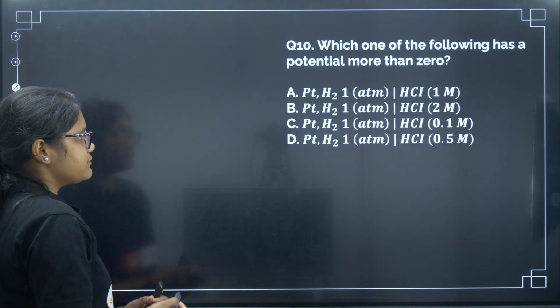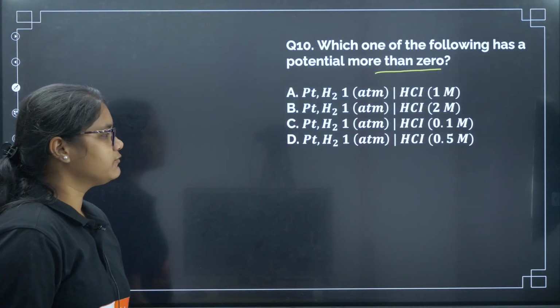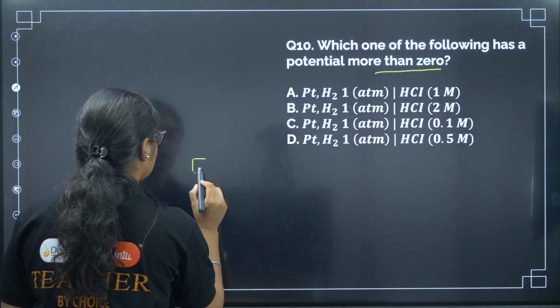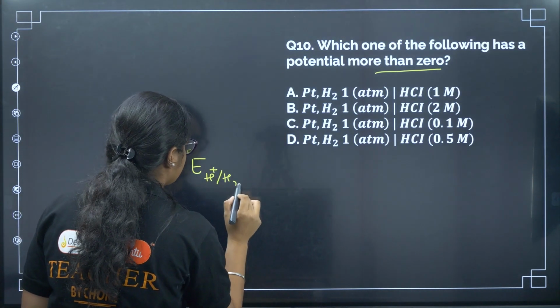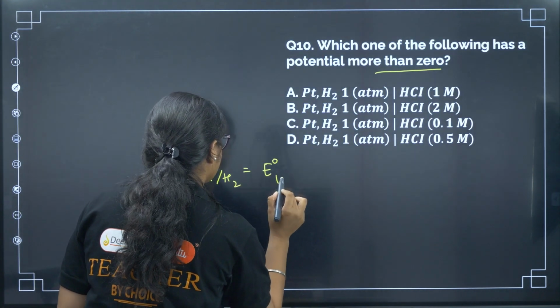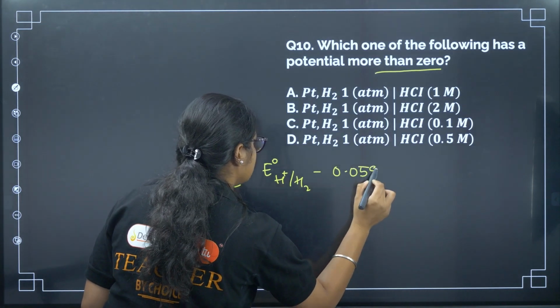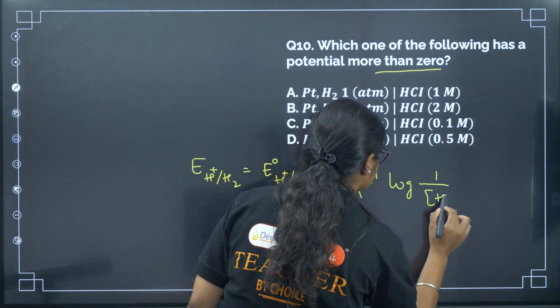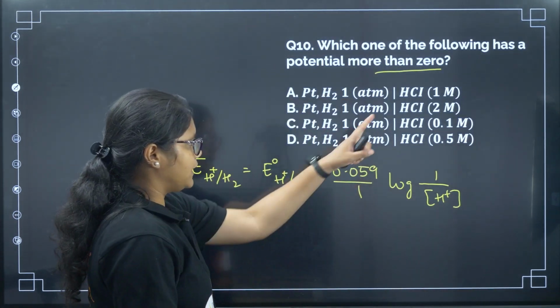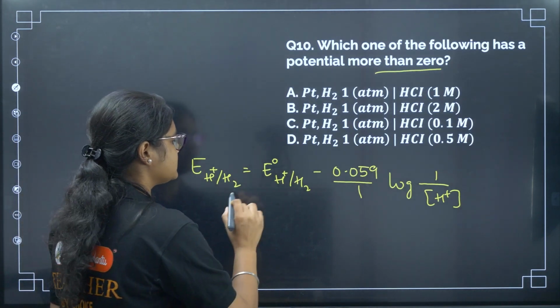Next, which one of the following has a potential more than 0? Okay, so if we see, that will be the formula: E of H+ to H2 is equal to E naught of H+ to H2 minus 0.059 by 1 log of 1 by H+ concentration, right? So now if I take here 1 molar, log 1 is equal to 0, so we will get this value as 0.